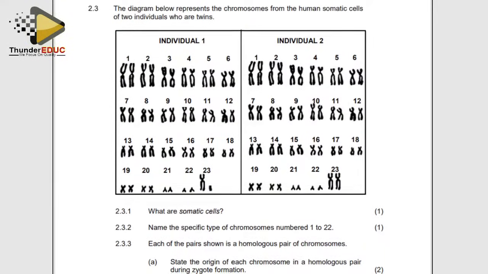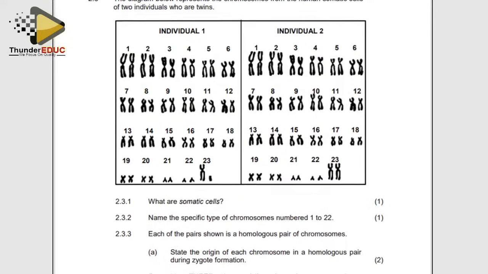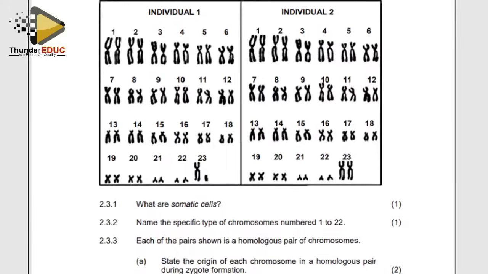I was saying that some people confuse the somatic cell, the gonosomes, and the autosomes. Autosomes go with the somatic cell. These somatic cells are body cells, meaning that these cells have the chromosomes inside.